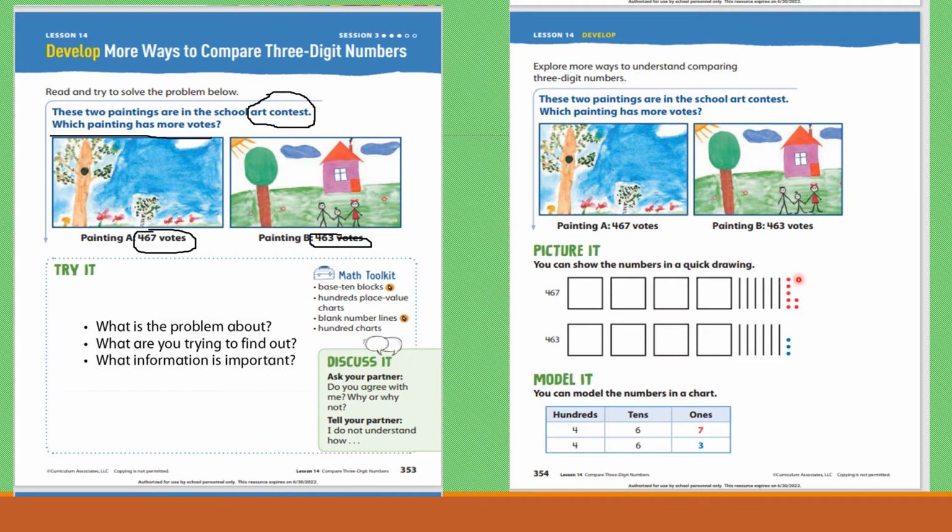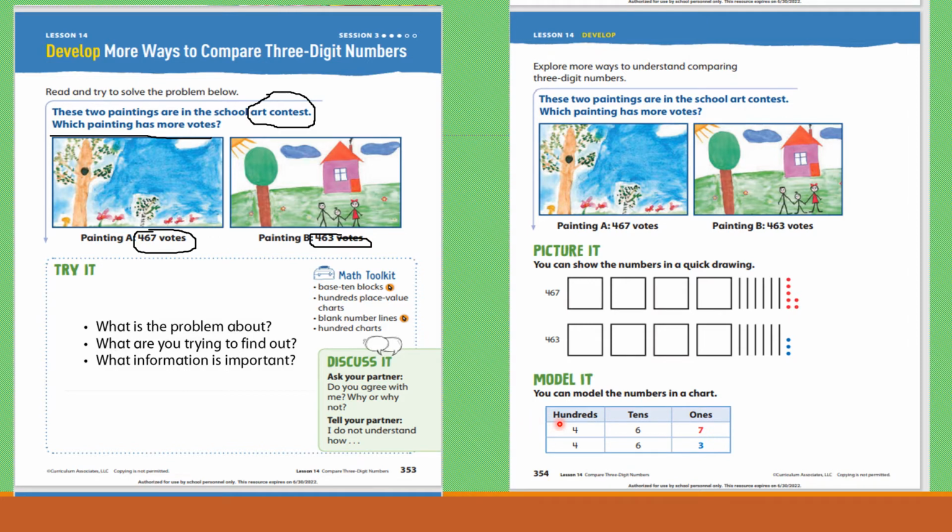And then 1, 2, 3, 4, 5, 6, 7 ones. And 463, 400s, and 6 tens, and 3 ones. We can also model it by using the chart.